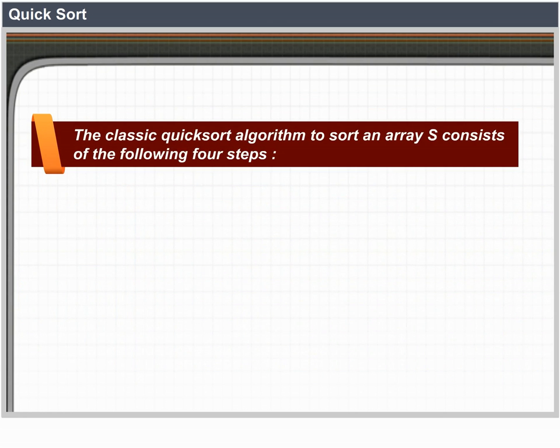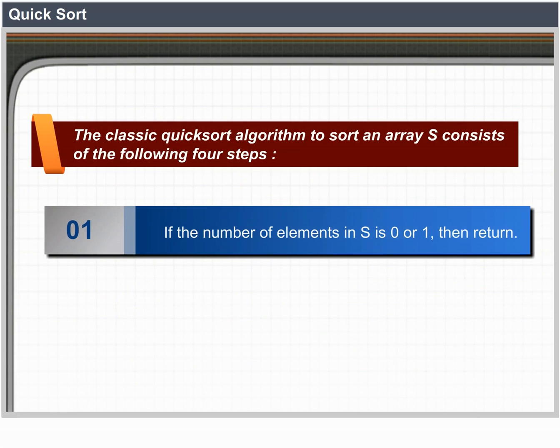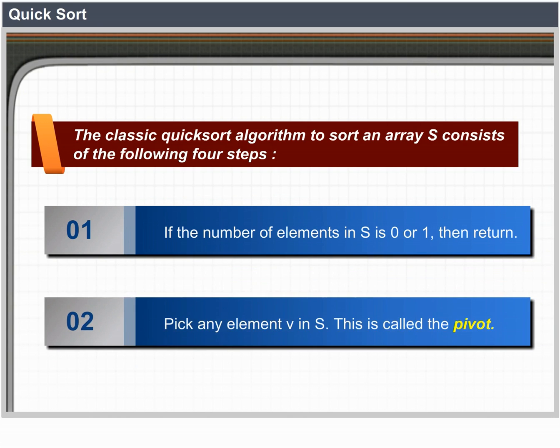The classic Quicksort algorithm to sort an array S consists of the following four steps. Step 1. If the number of elements in S is 0 or 1, then return. Step 2. Pick any element V in S. This is called the pivot. Step 3.